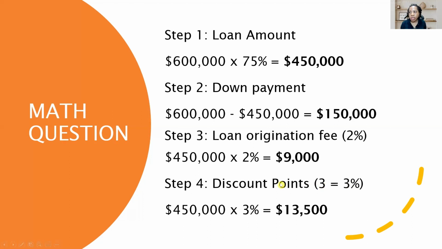If you notice, the way you find the loan origination fee and the way you find the discount points is the same math, right? So discount points, 3% of the loan amount. $450,000 multiplied by 3% gives you $13,500.